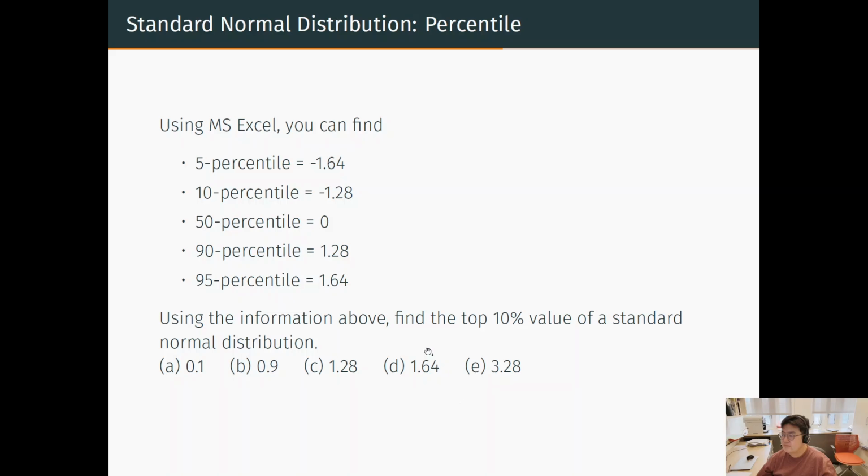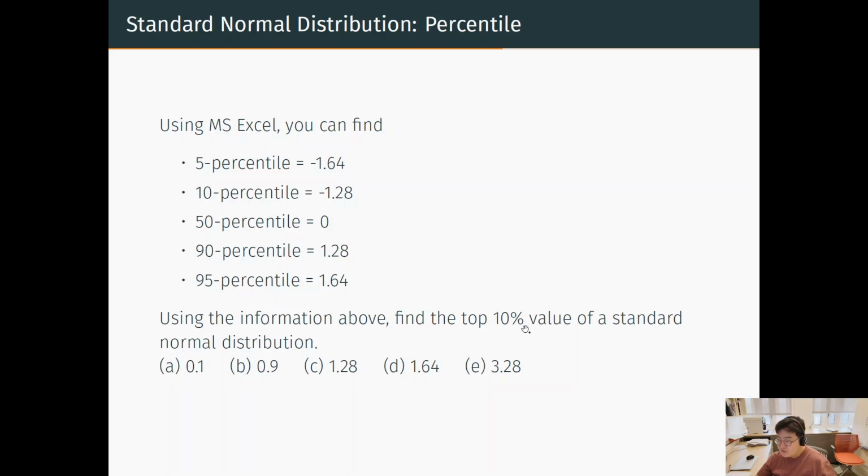So we found those values, and just practice. What is the top 10% value? Top 10% means 90 percentile.